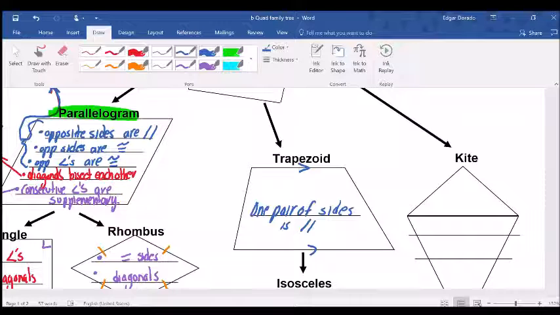One pair of sides is parallel. These other two sides, right here, this one, this one, those are not parallel. Only the top and bottom.